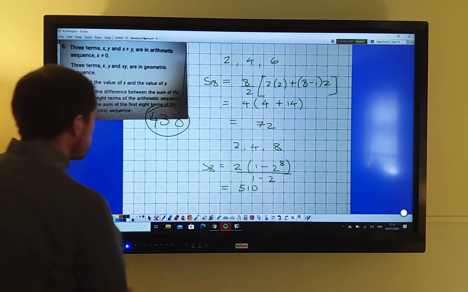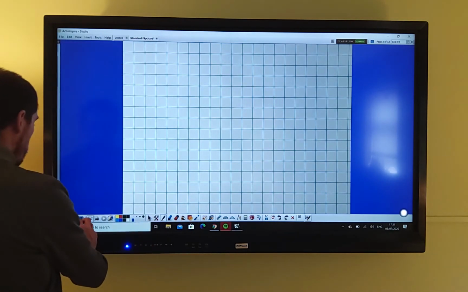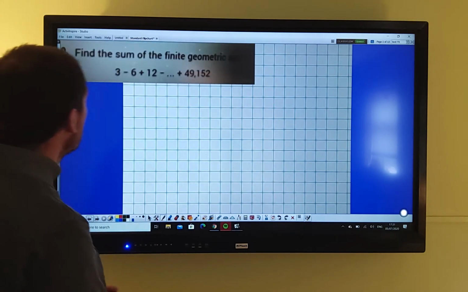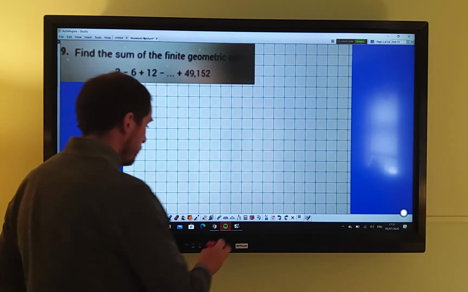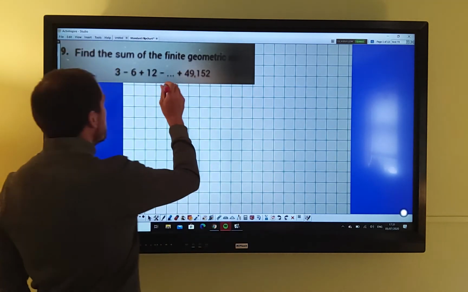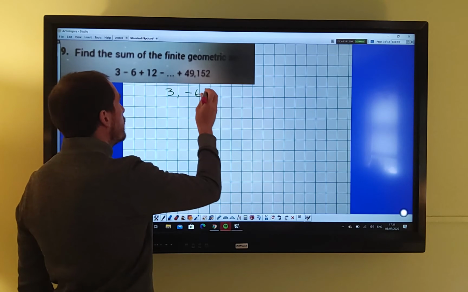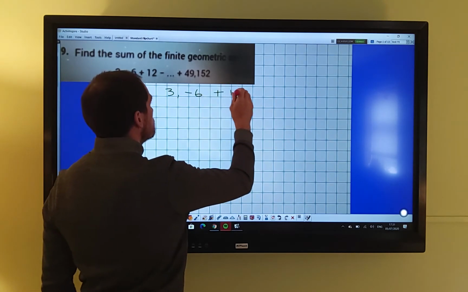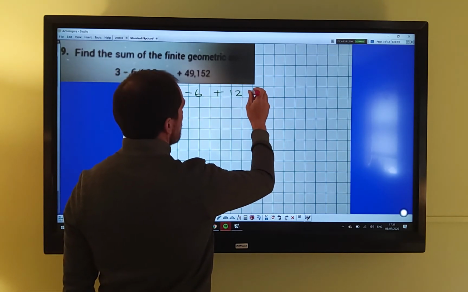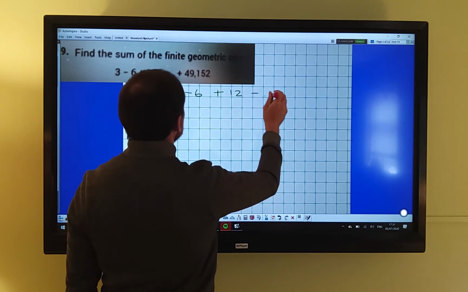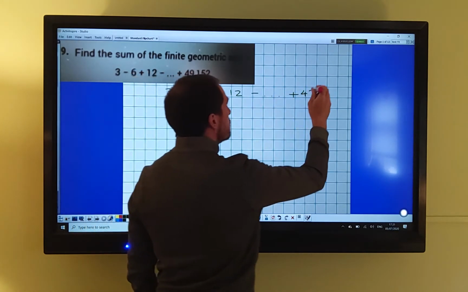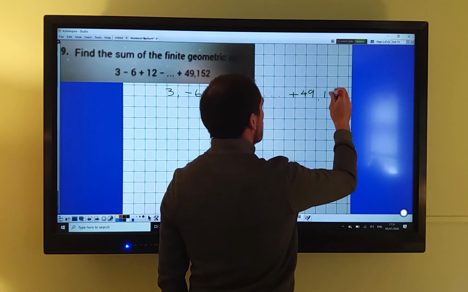Now, the other question we had was as follows. It was, find the sum of a finite geometric series. So we had here 3 minus 6 plus 12 minus plus 49,152.